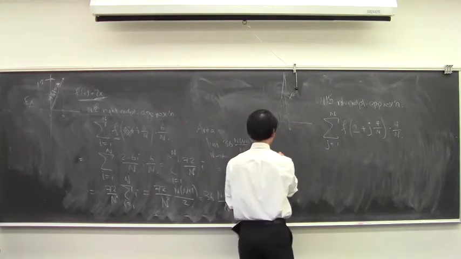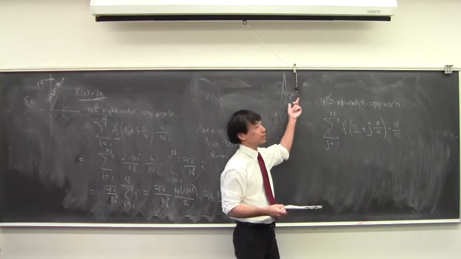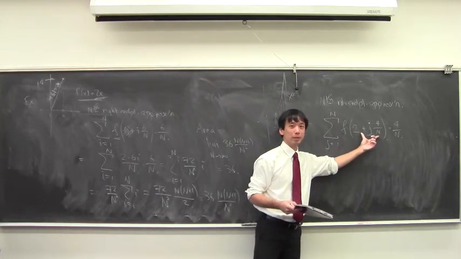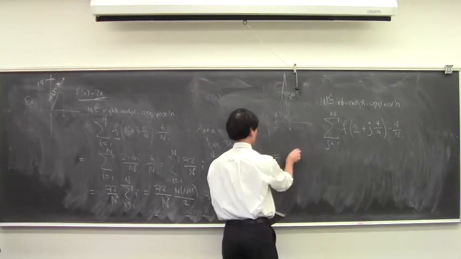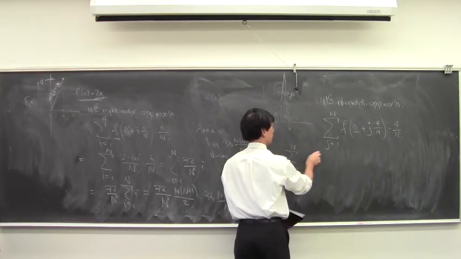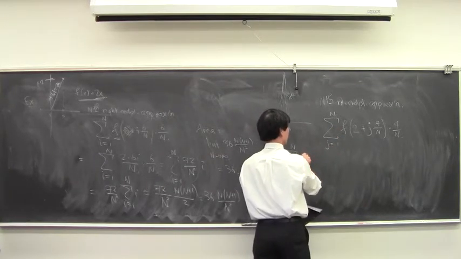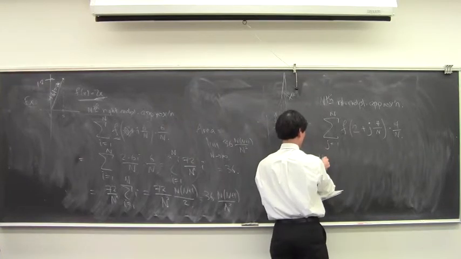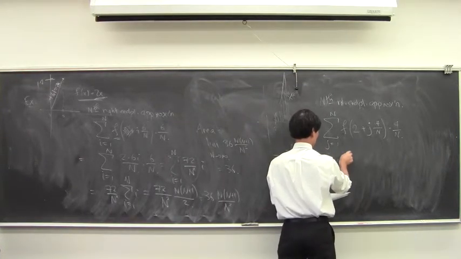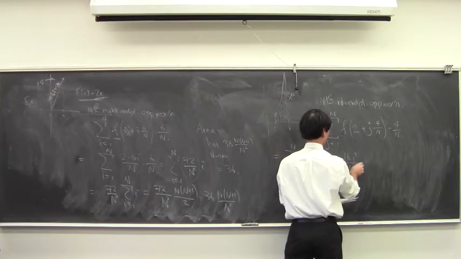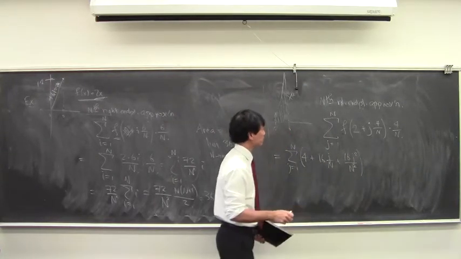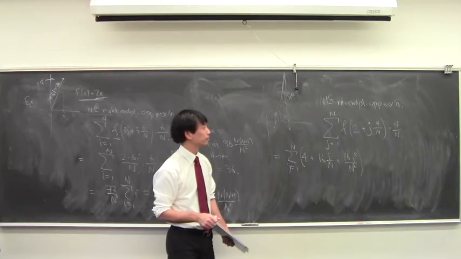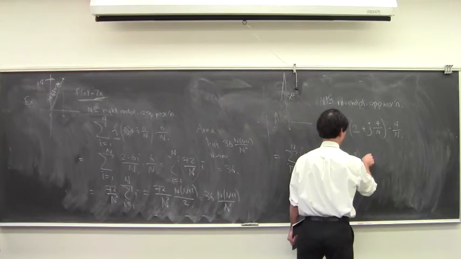Okay. Again, now we know what our function is. Our function is the squaring function. So f of this thing is just the square of this thing. So you get the summation j equals 1 to n of the square of that. That's going to be 4 plus 16j over n plus 16j squared over n squared, times 4 over n.